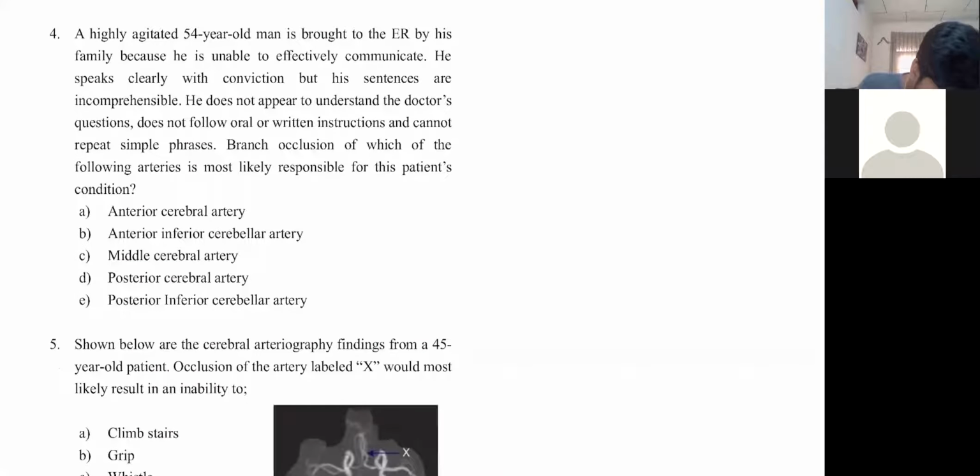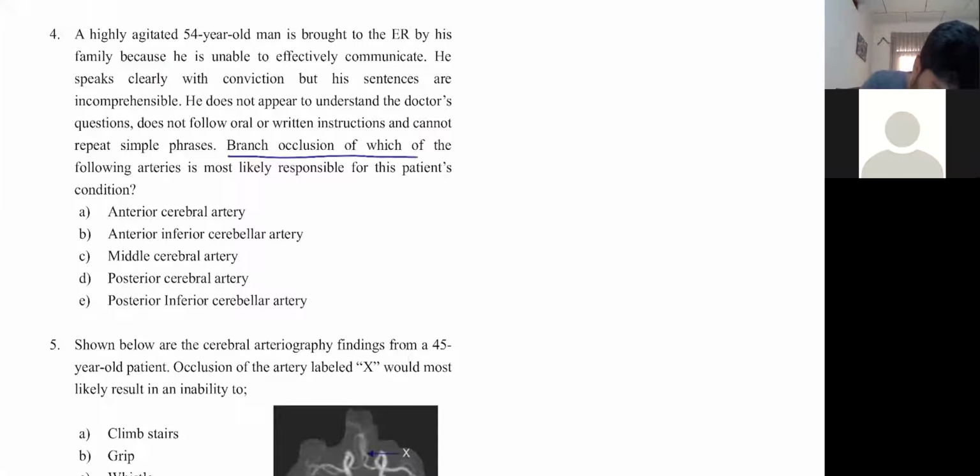The next one, a highly agitated 54-year-old man is brought to the ER because he's unable to effectively communicate. Okay, he speaks with conviction. That means he's trying to speak, but what he says is incomprehensible.